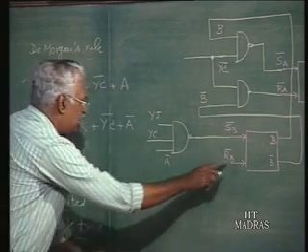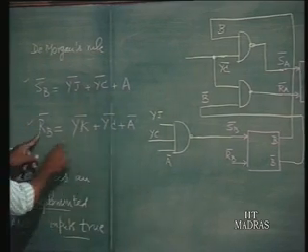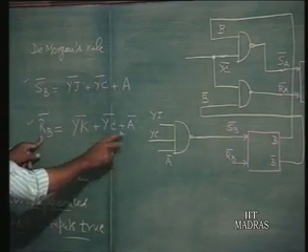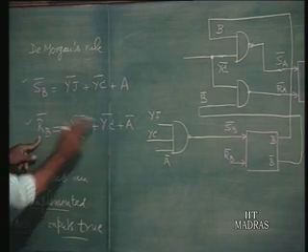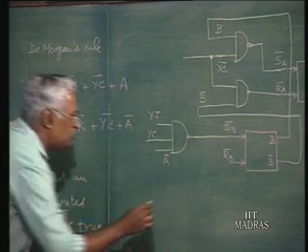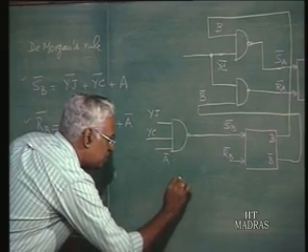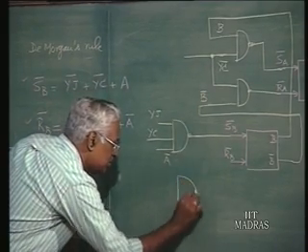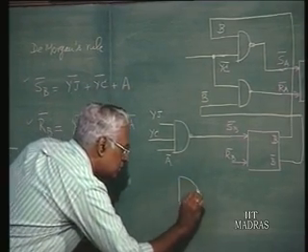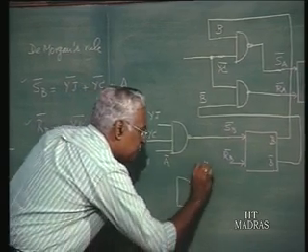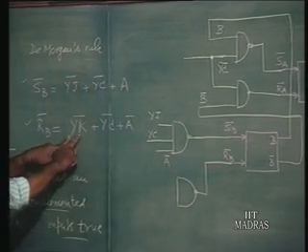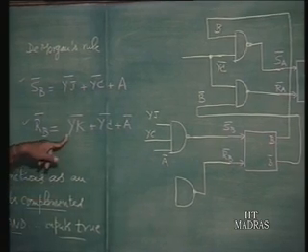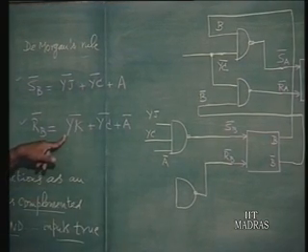Then RB bar, again a 3 input OR gate, that is a 3 input NAND gate, one gate will do. So, we will use a 3 input NAND gate and generate RB bar. This input the same thing as before, inputs must be complemented.